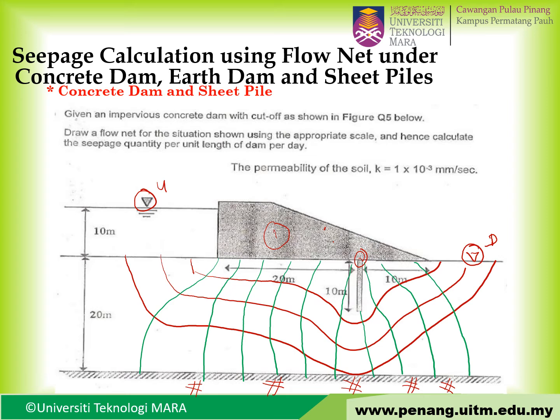So you have ND 1, 2, 3, 4, 5, 6, 7, 8, 9, 10, 11. For example, ND is 11 and NF is about 3. H, you have to determine, is 10. This is an example.